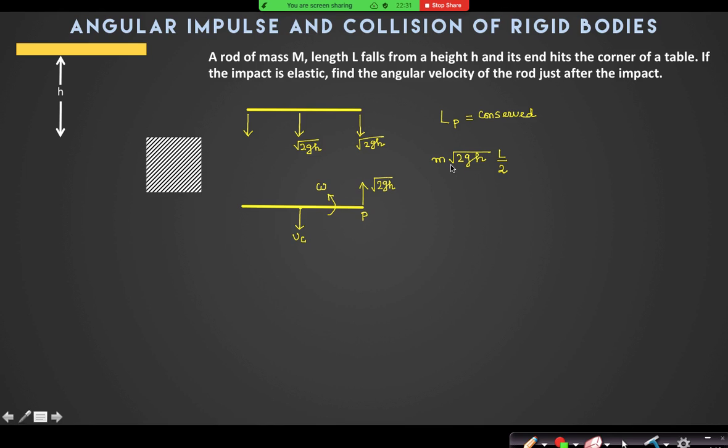Sir, I am having one doubt. Yes, tell me. Sir, why won't the velocity of the center of mass of the rod be root over 2gh in the upward direction? It's not the velocity of the center of mass.